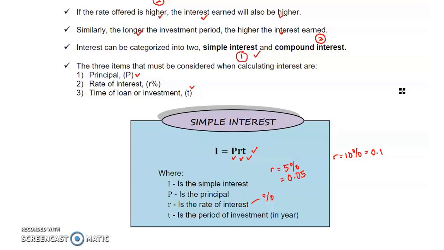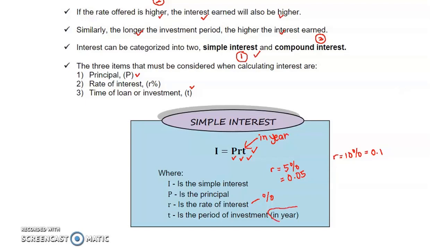And the last one, T, is the period of investment, how long we invest or how long we borrow the money from the bank. Note that the value of T must be in years, so be careful here.